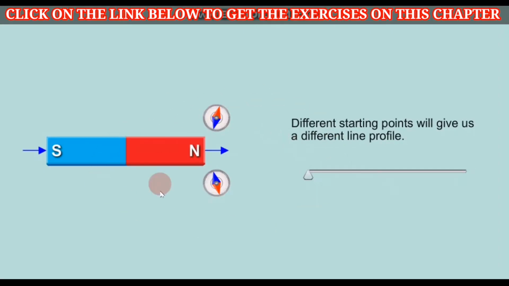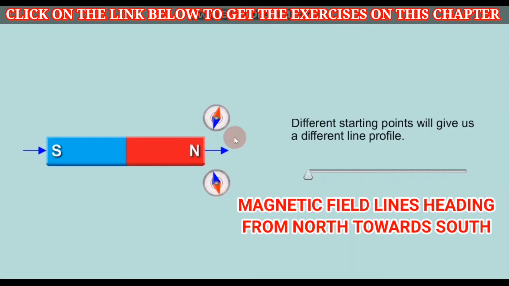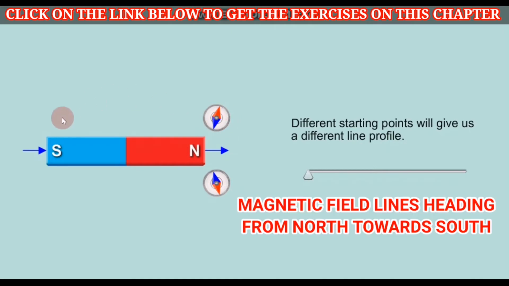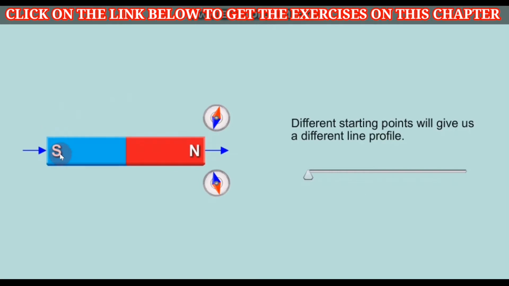Okay, now let's take a look at this diagram. It shows how a magnetic field is characterized by field lines that can be plotted by moving a small compass inside the field. And the direction of these field lines is from the north to the south. Okay, so this is the plotting compass we place at this edge, where N shows the north polarity of the bar magnet and S shows the south polarity of the magnet.